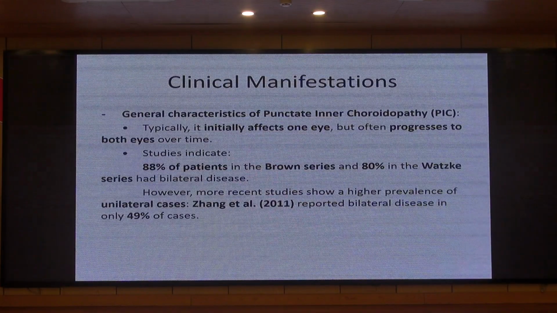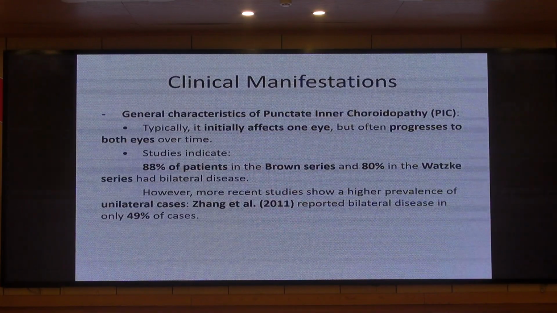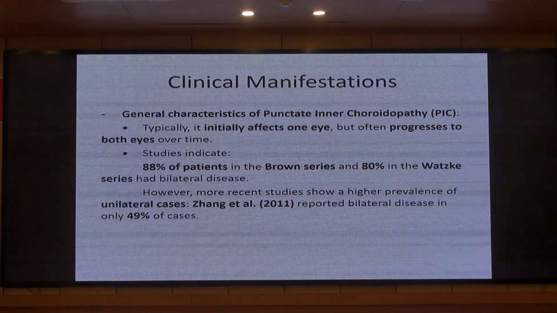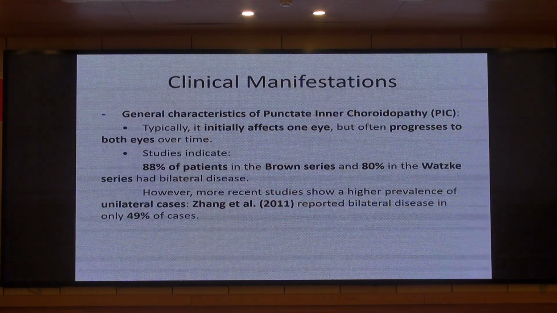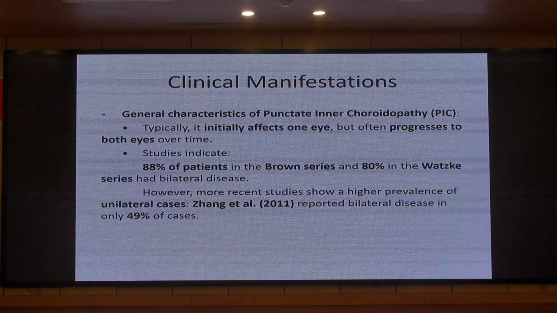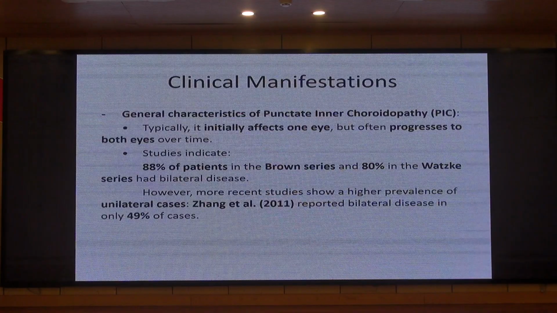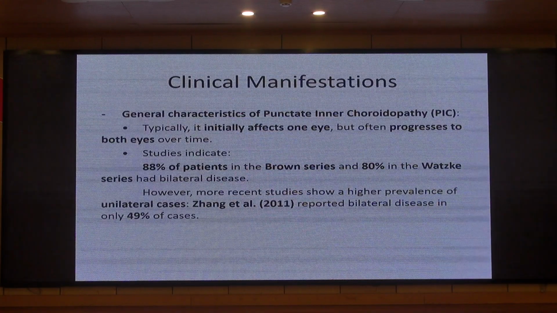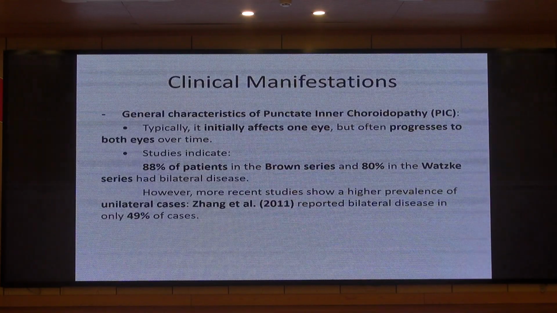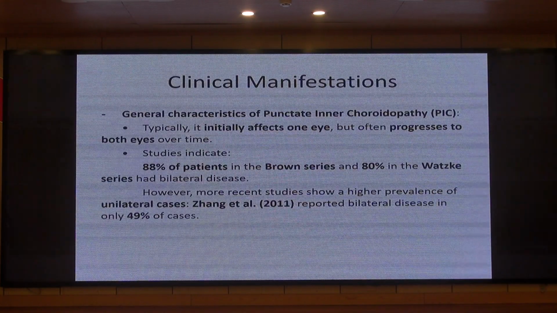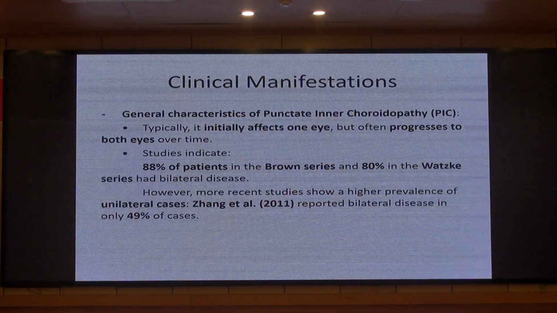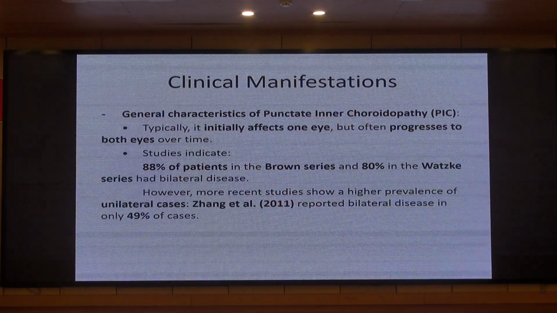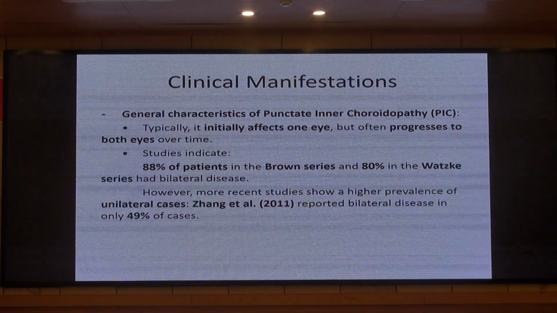Studies indicate that bilateral disease was observed in 88% of patients in the Barondes series and in 80% in the Boston series. However, more recent studies show a higher prevalence of unilateral cases. Tran et al. 2011 reported bilateral disease in only 49% of cases.